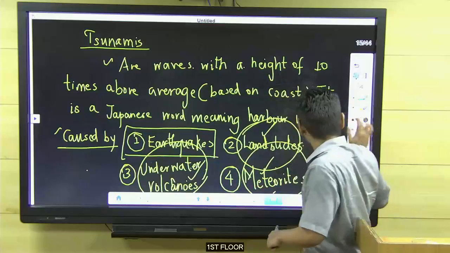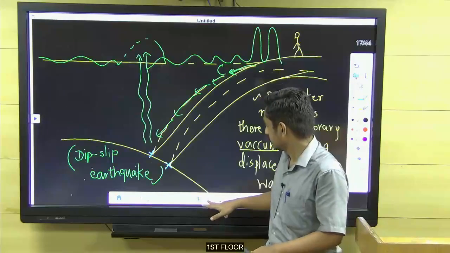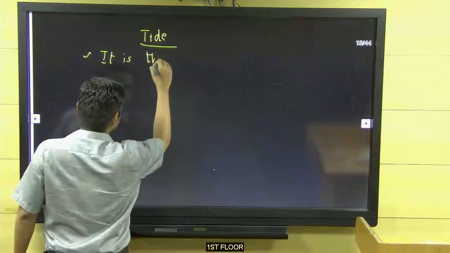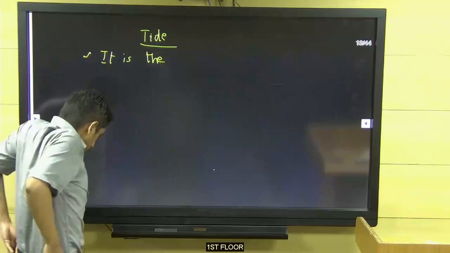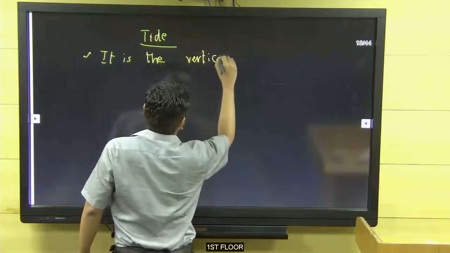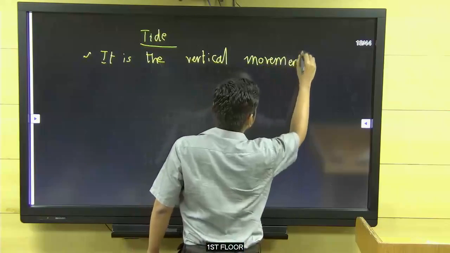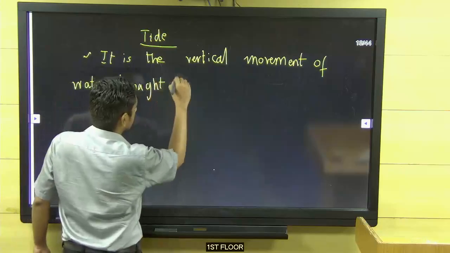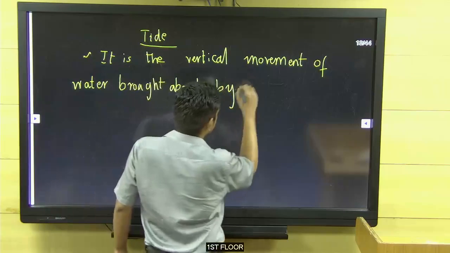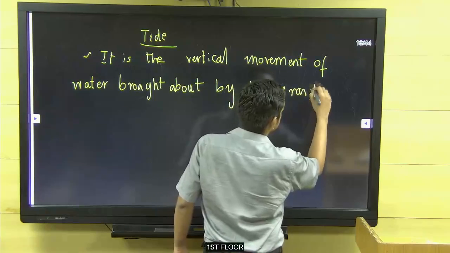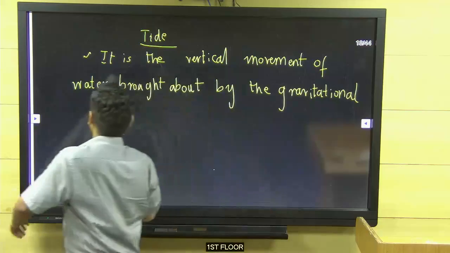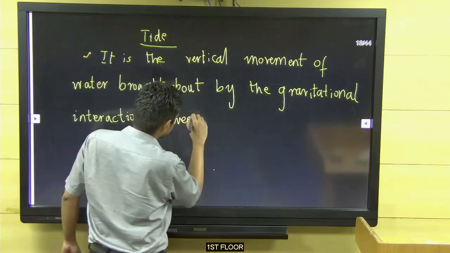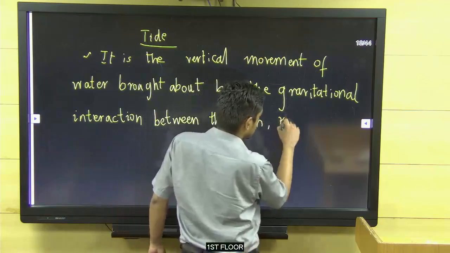Tide. It is a vertical movement of water, brought about by the gravitational interaction between the sun, the moon, and the earth.